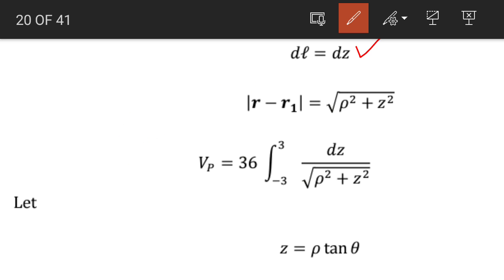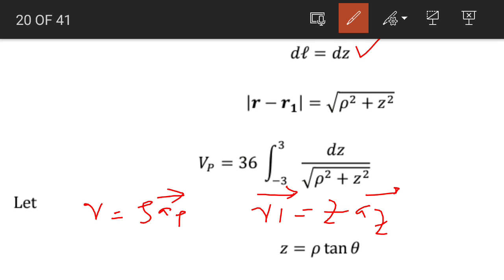R minus r1 will be equal to under root rho square plus z square. Basically we assume that r is rho arrow, rho is equal to 4, and r1 is z az.